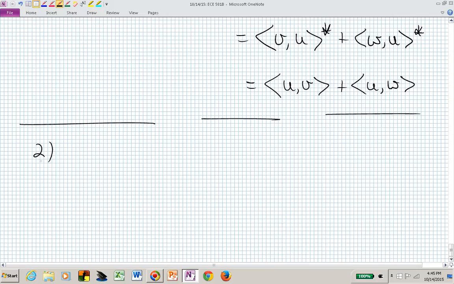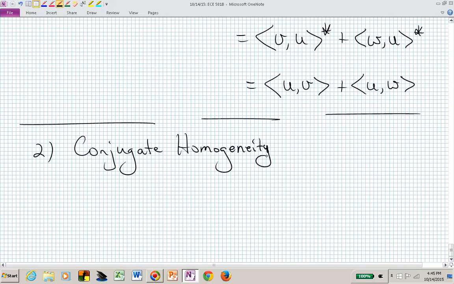What about if we scaled a vector in the second slot? Now we actually are going to have what will be called conjugate homogeneity in the second slot.